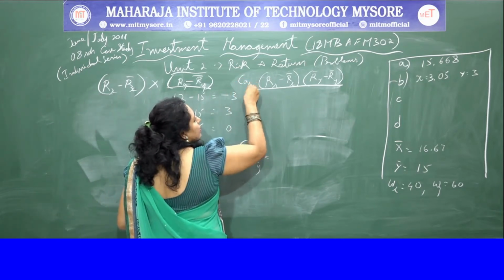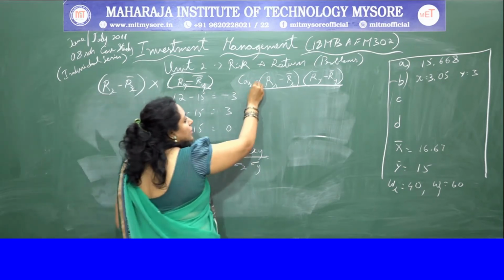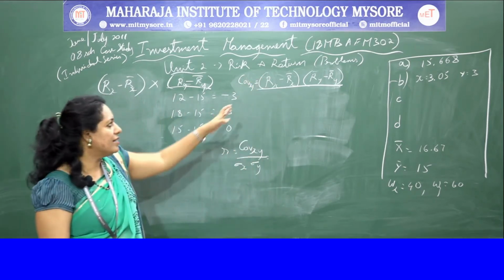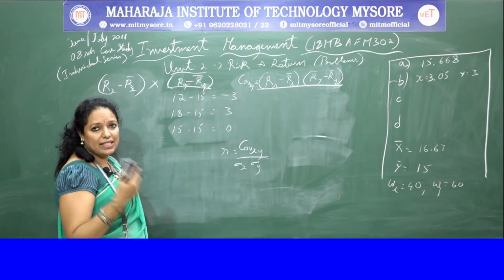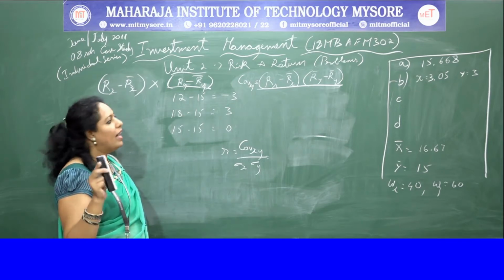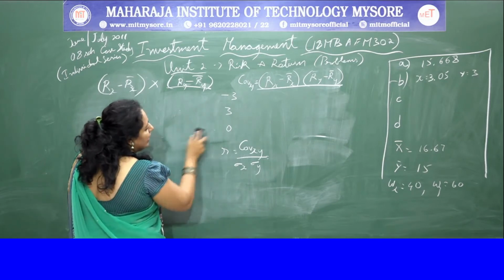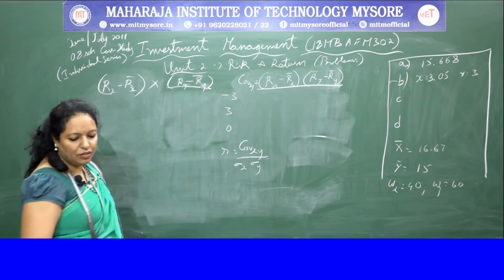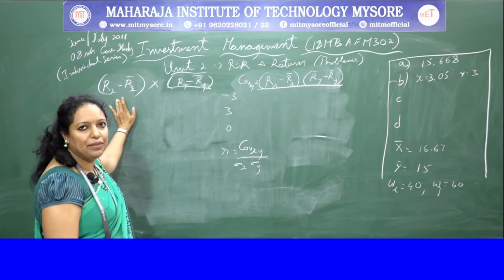COV is covariance. While explaining the theory, I have already told what it signifies. So covariance xy is Rx minus R bar x into Ry minus R bar y. For y we have already retained the answers from the previous table, but for Rx we have to write.